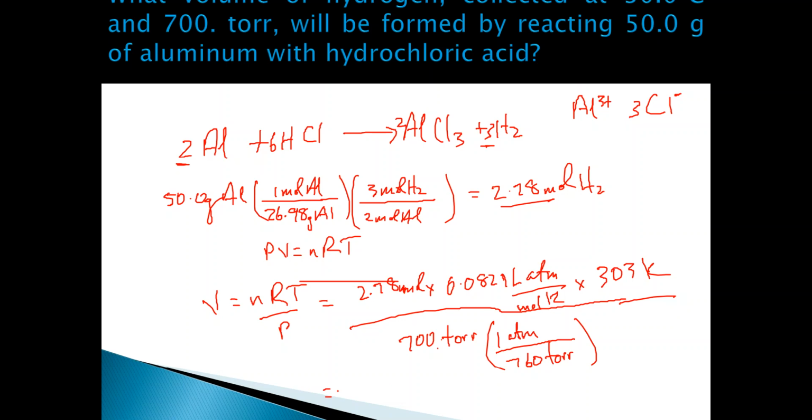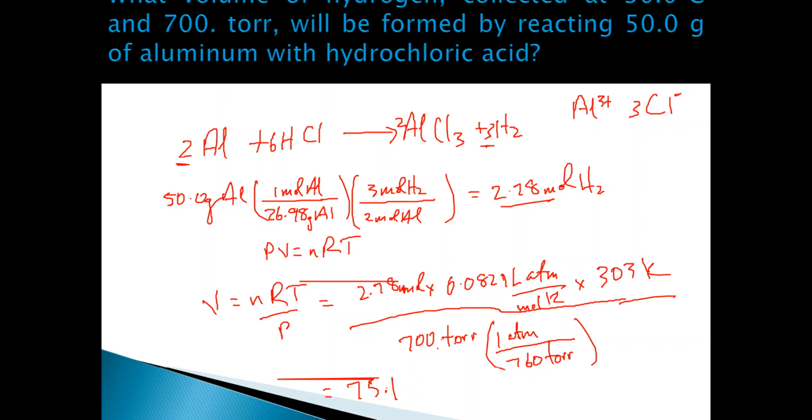So 2.78 times 0.0821 times 303 equals that. Then we divide it by 700 divided by 760. And according to my calculations, this works out to be equal to 75.1, and the units will be liters.